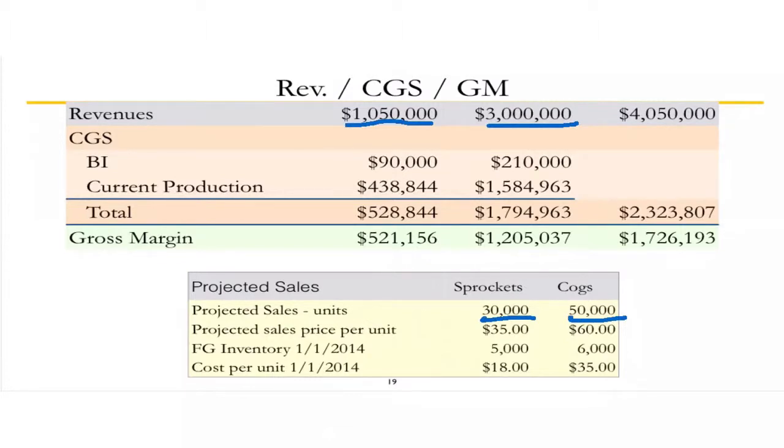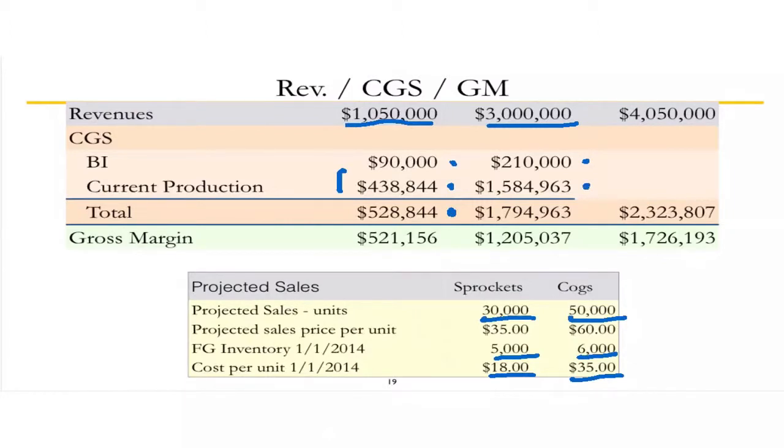We have a beginning inventory of 5,000 at $18 and 6,000 at $35 for each of the two products. 5 times 18 gives us the 90,000. 6 times 35 gives us the 210,000. The remainder then, we have 25,000 units, and we're going to value those at $17.55. I worked that out to $438,844.